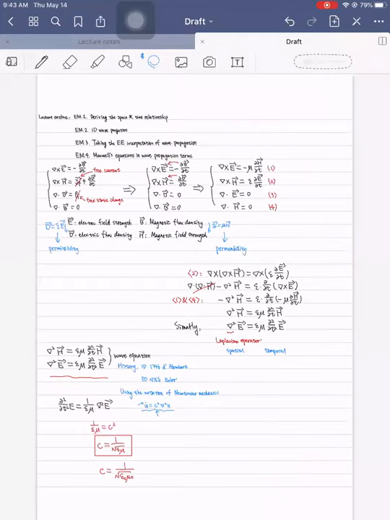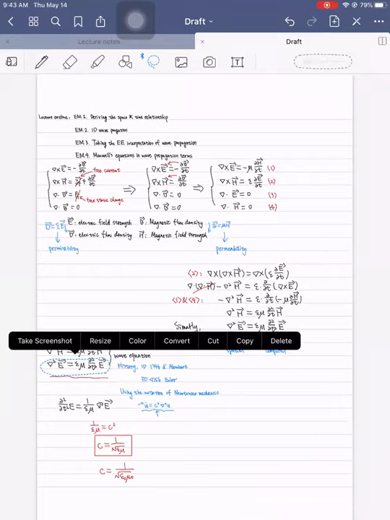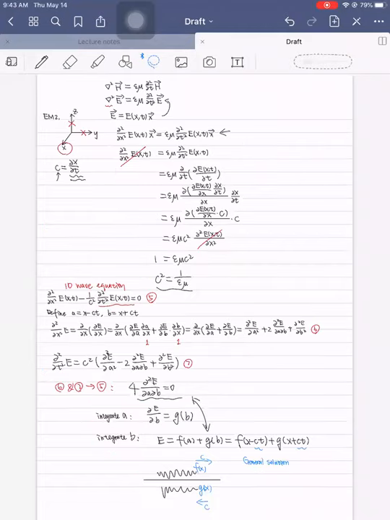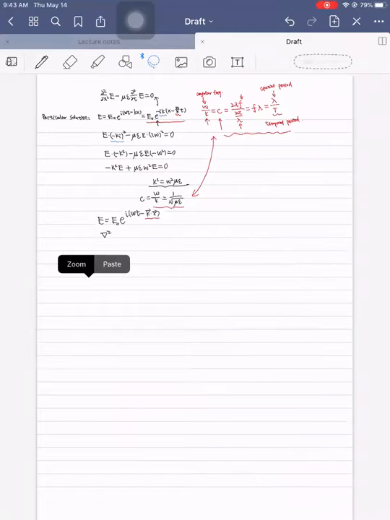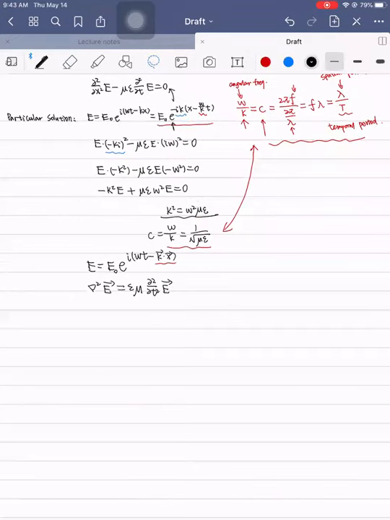where is the 3D wave equation? Oh, here. Similarly, we can get the final result as this.